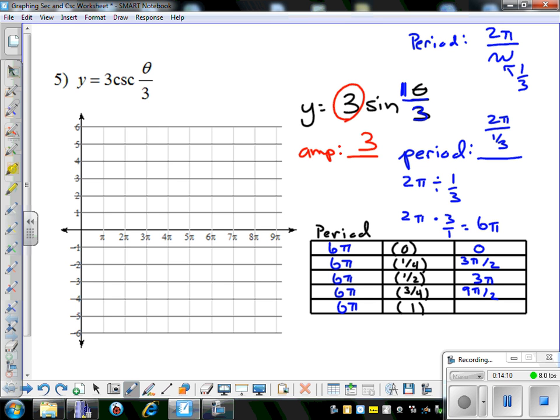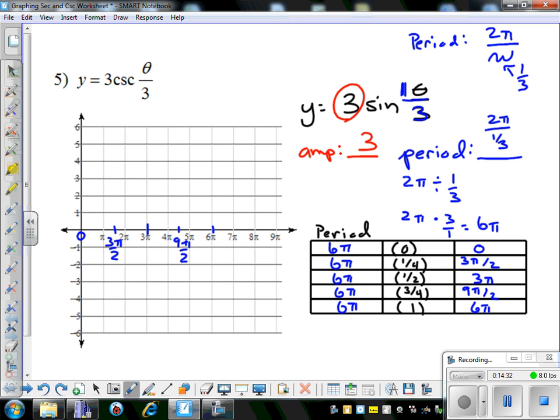And 6 pi times 1 is 6 pi. So now we need to plot those points: 0, 3 pi over 2, which is 1 1/2 pi, 3 pi, 9 pi divided by 2, and 6 pi.